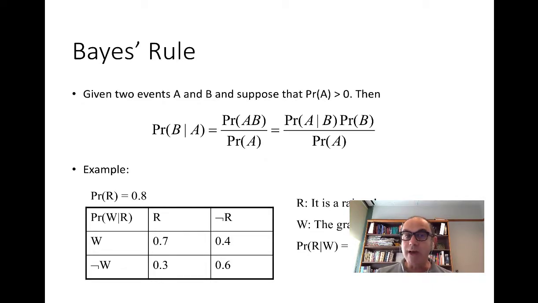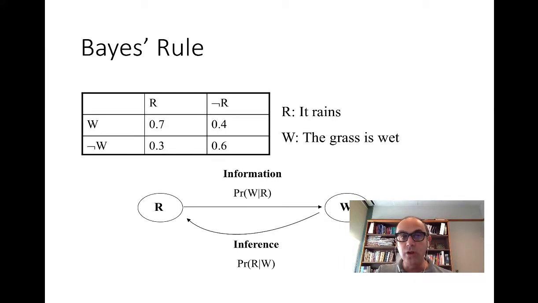So, given two events, A and B, and suppose that P(A) is bigger than 0, then what we have is the idea of P(A and B) divided by P(A), and we will sort it out. So, if it is rainy today, and the grass is wet, we are trying to figure out if the rain has an effect on the grass.